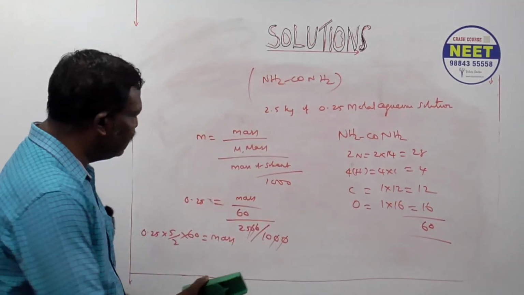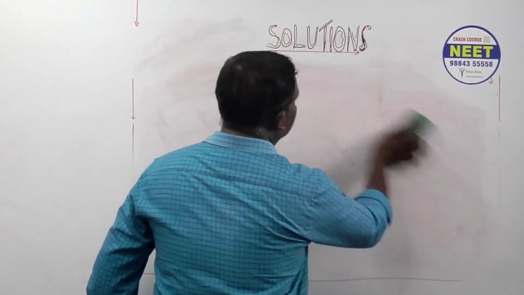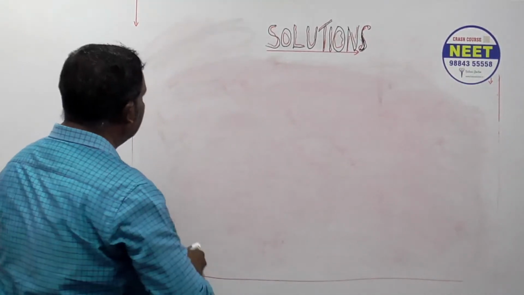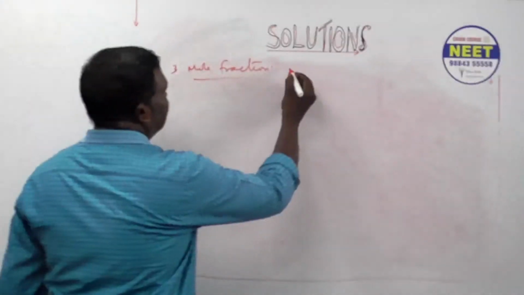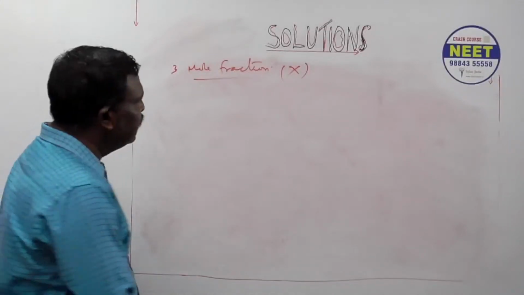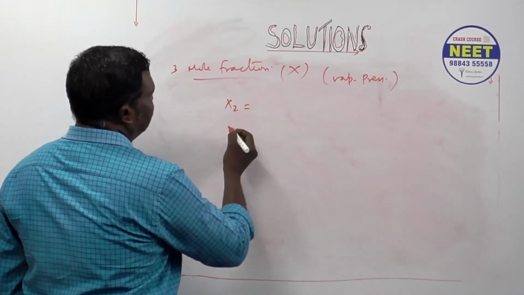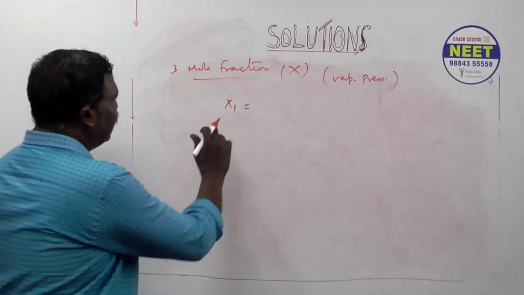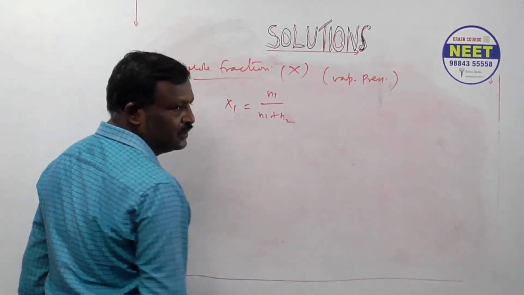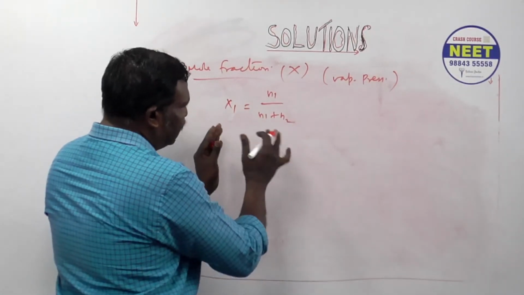Then one more term I introduced. The third term is mole fraction, represented by X. It is related with vapor pressure, an important term. Suppose 1 represents the solvent, then X1 is N1 by N1 plus N2, just remember: number of moles of solvent by total number of moles of all the components in the solution.